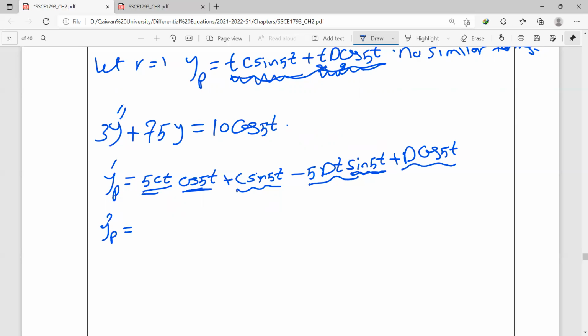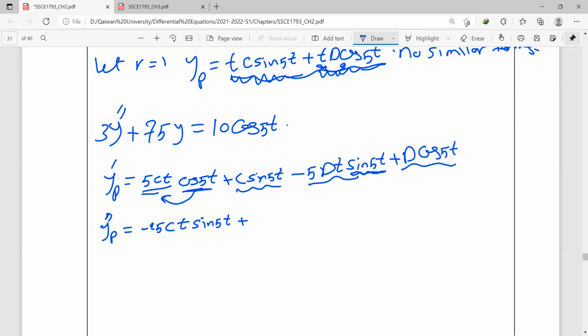Okay, let's find it. y double prime of p equals 5ct times the derivative of cosine 5t. The derivative of cosine 5t is minus 5 sine 5t. So it becomes minus 25ct sine 5t plus second times derivative of the first.